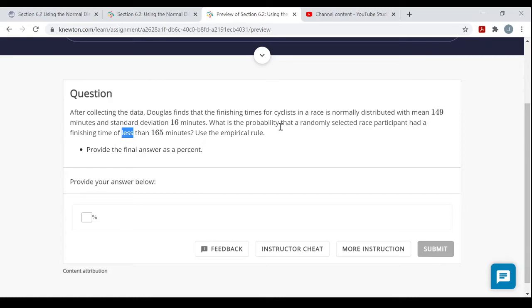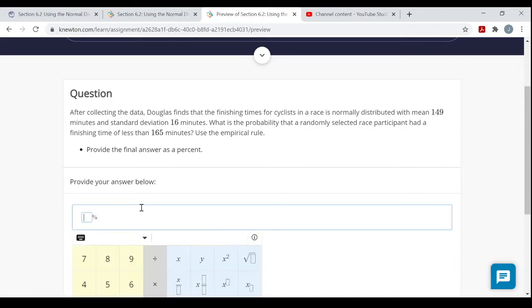All right, now 165, 149 is the middle. 165 would be 149 plus 16, so that's one standard deviation above. So that's everything to the left plus one standard deviation above. That's another 34%. This is about 84% if I'm using the empirical rule.